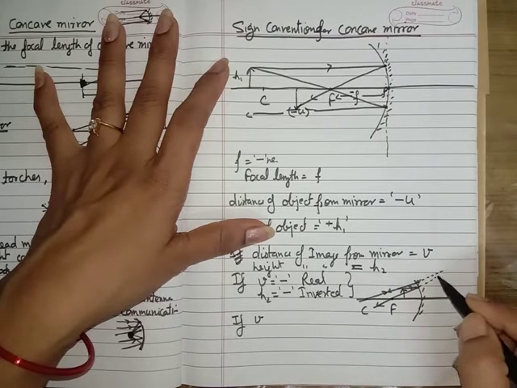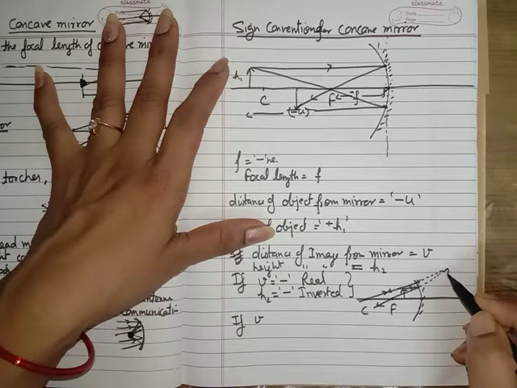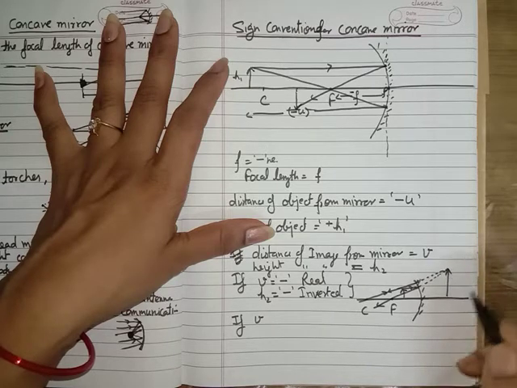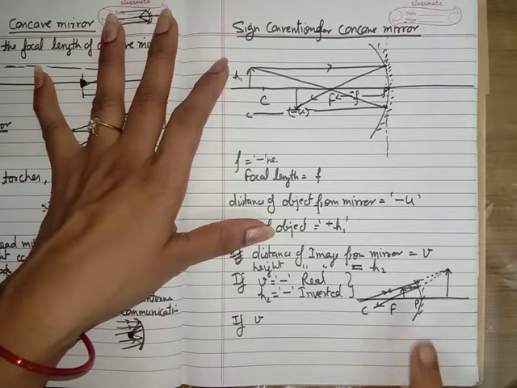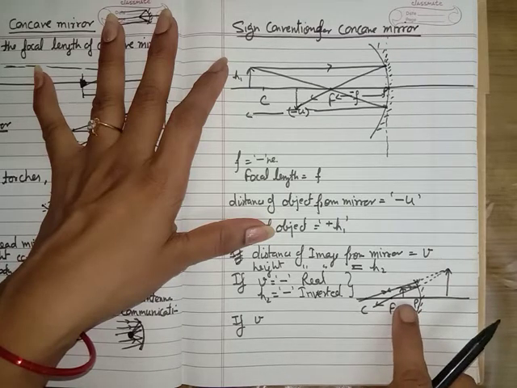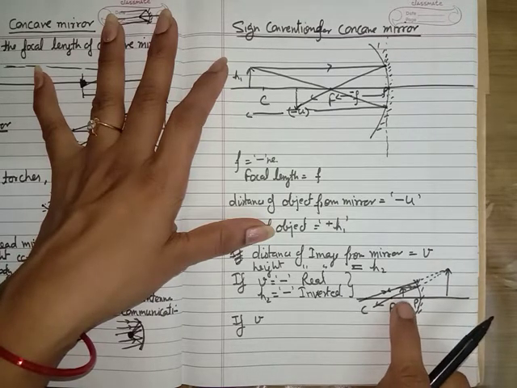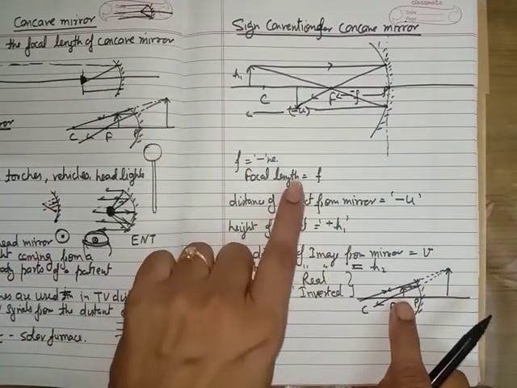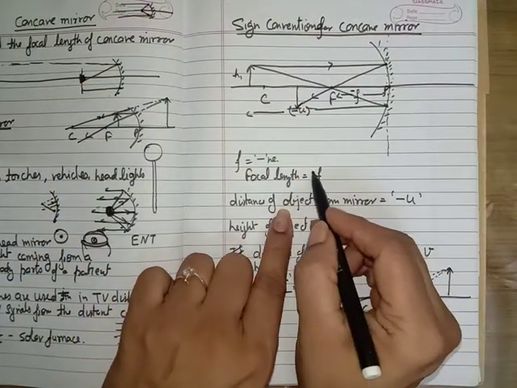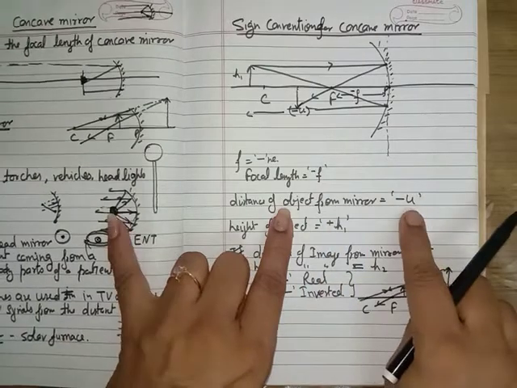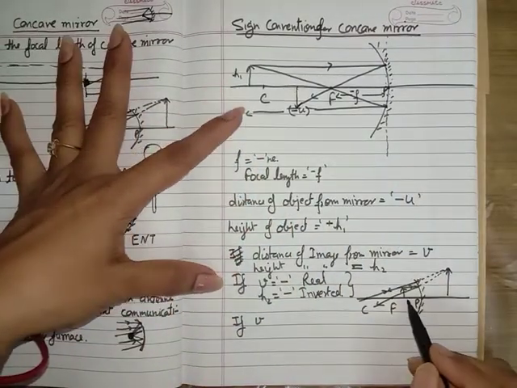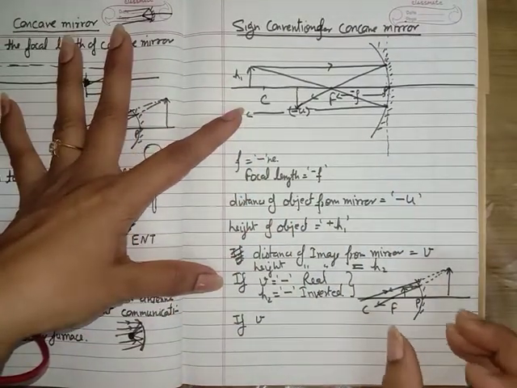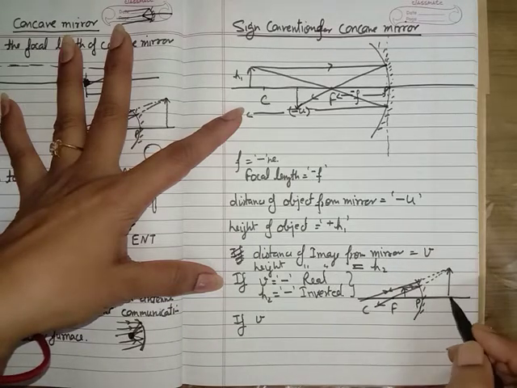Now this is the image formation by the concave mirror. In this case, u is always negative because we place the object here. u is negative, f is also negative. So these conditions do not change: f is always negative, u is always negative, and h1 is always positive because we always put the object erect.